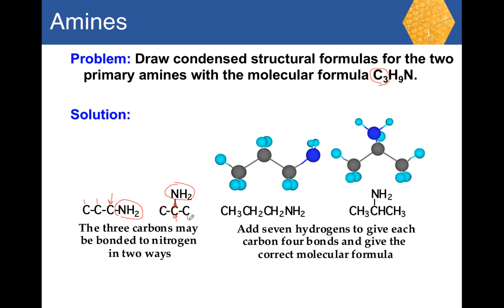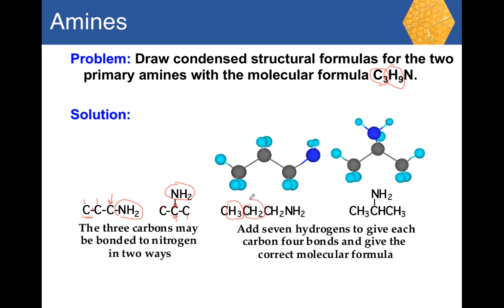So to make it a complete structure, we'll have to put in the 9 hydrogens. Here is where you have to be extremely careful to make sure that there are 4 bonds to carbon and 3 bonds to nitrogen. Putting in the hydrogens on this carbon means we have 3 hydrogens, and the 4th bond, of course, is to carbon.